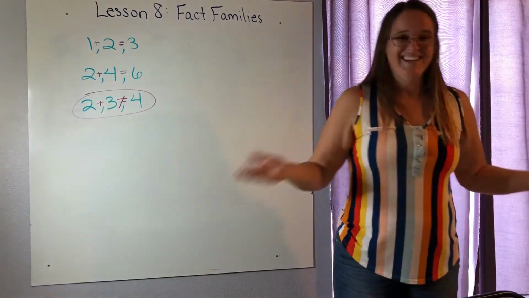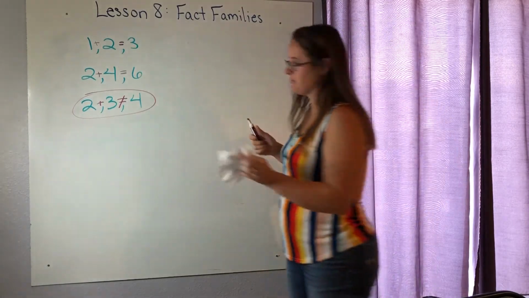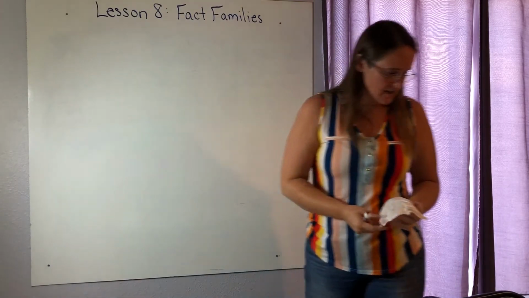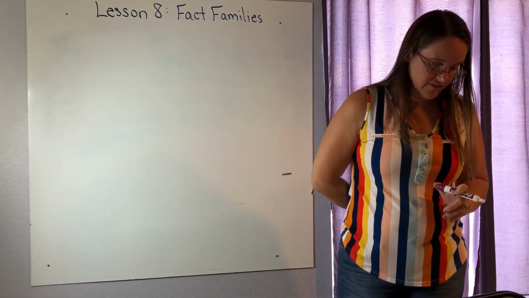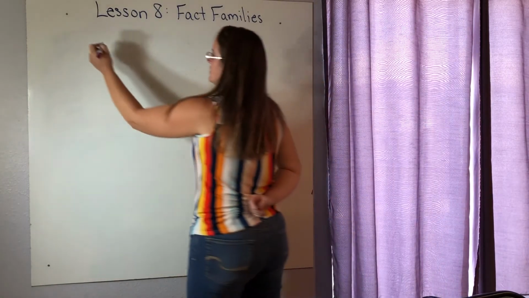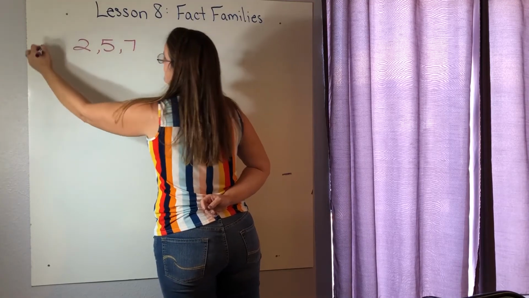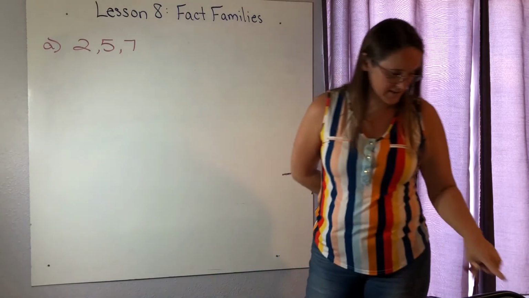All right, that's really it for the lesson. We're going to do a couple of lesson practice problems. Starting with number 1, it wants you to write 2 addition facts and 2 subtraction facts using the numbers 2, 5, and 7. This is problem A. So you're writing a fact family using those numbers.